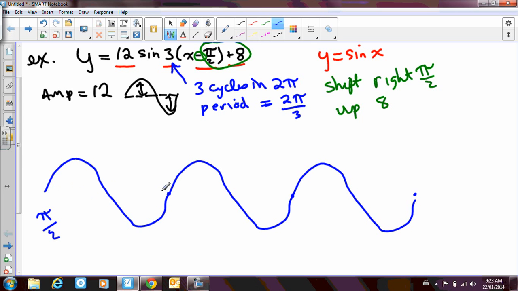Now if I go that extra step and ask where I am right over here on the end, 3 full cycles take up 2 pi. So this is 2 pi plus another half of a pi, which is 4 pi over 2, 5 pi over 2.